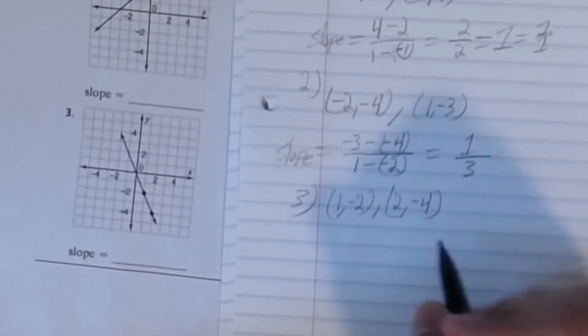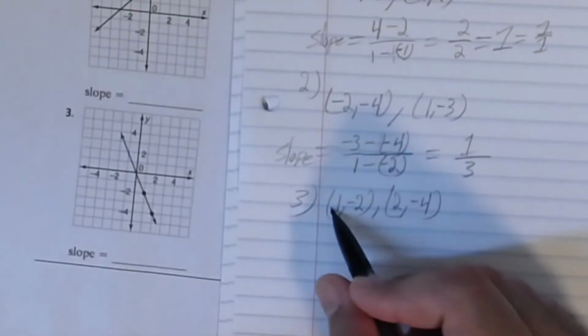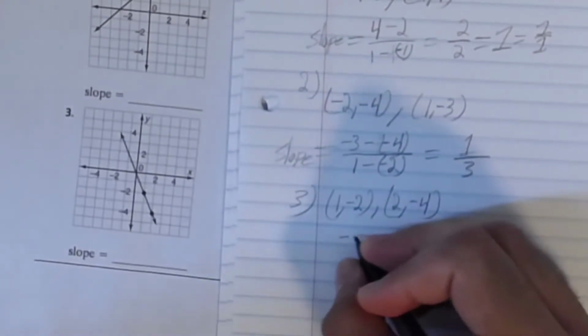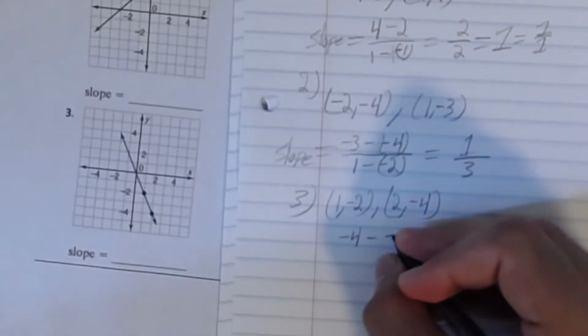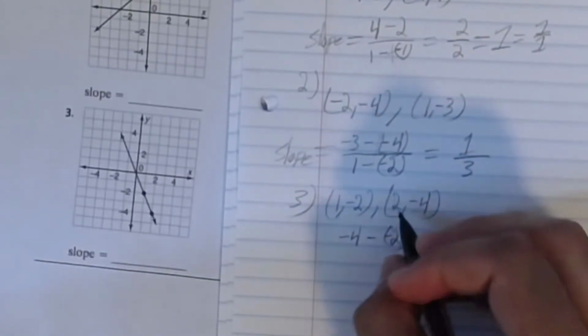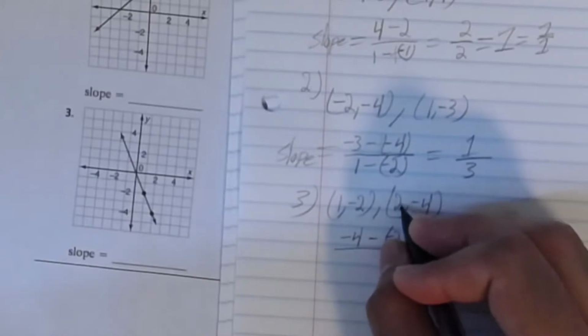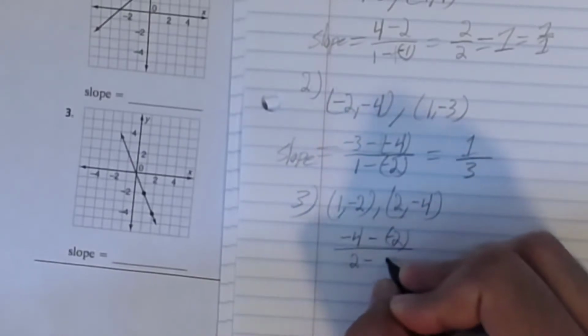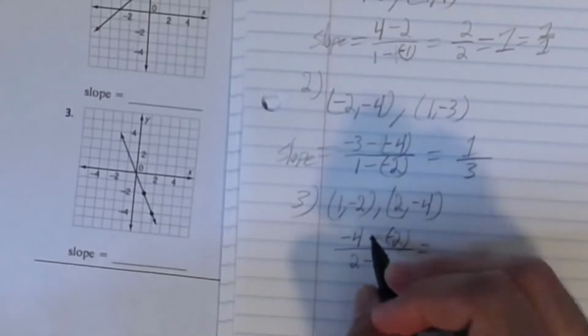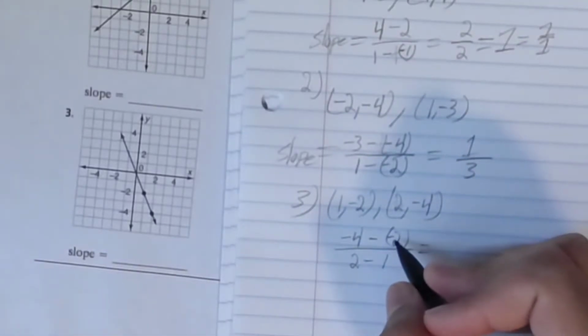Same thing for the formula. We do this minus this over this minus this. So we got -4 minus a -2, and then for the x coordinates, we got 2 minus 1. Okay, so we got -4 minus a -2.